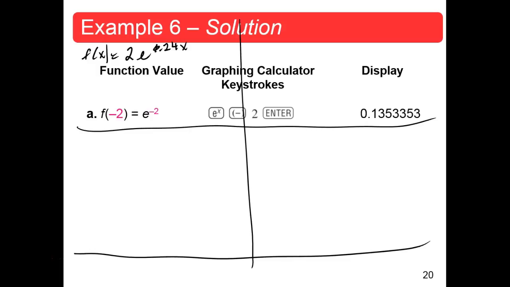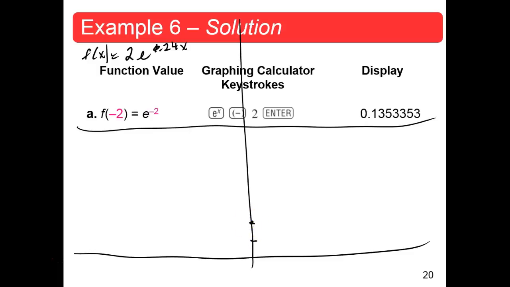X equals 0. What happens when x equals 0? You get 0 in the exponent. Anything to the 0 power is 1, and 1 multiplied by 2 would be 2. That's a vertical stretch. So at 0 it's 2.